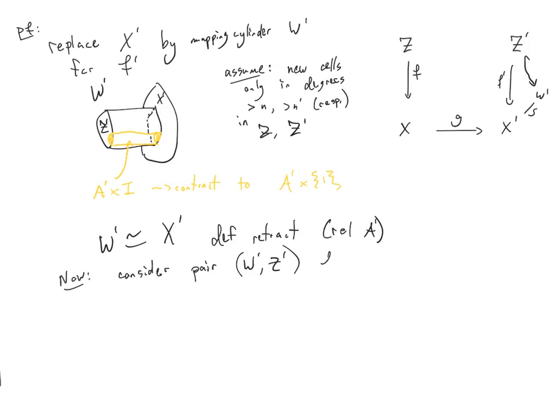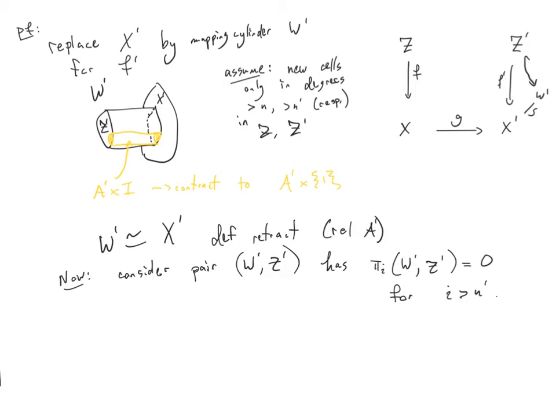This means that this has pi i of w prime, z prime equal to 0 for i bigger than n prime. So that's implied by the requirements on f prime's map.